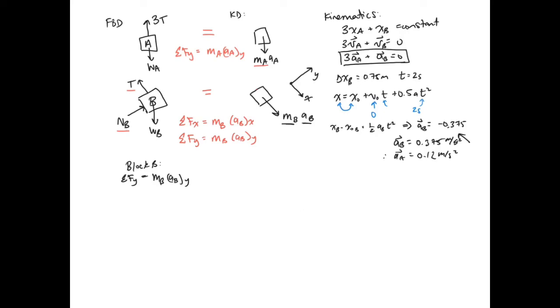So in this case, it's also equal to 0. So the summation of forces in the y direction will be the normal force going positive minus the weight of B cos of some angle, equal to 0.